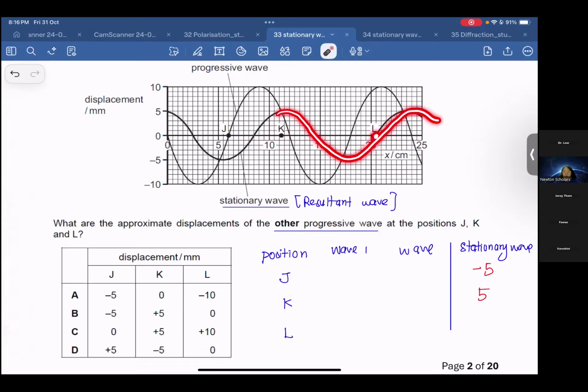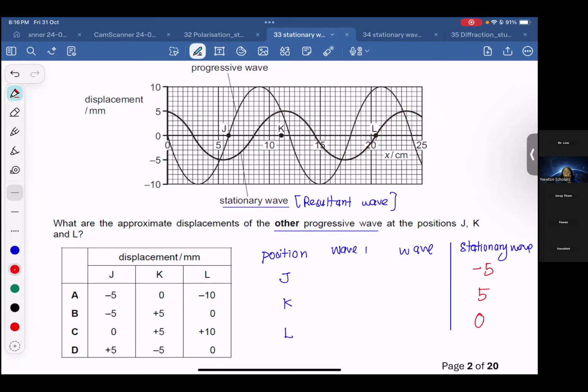What is my resultant at position L? It is at 0. So I write 0. I determine the resultant wave first. After we add them up together, we get -5, we get +5, we get 0.